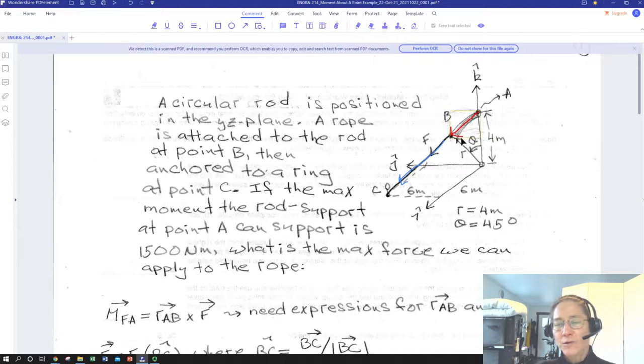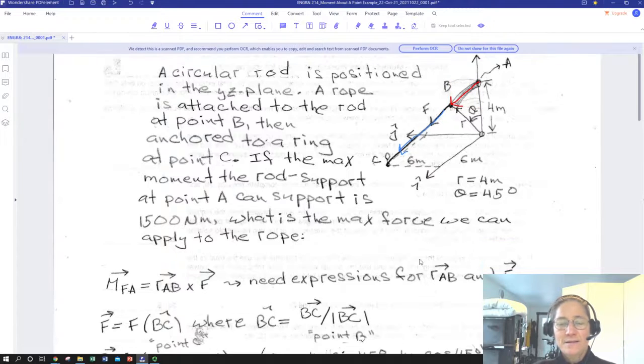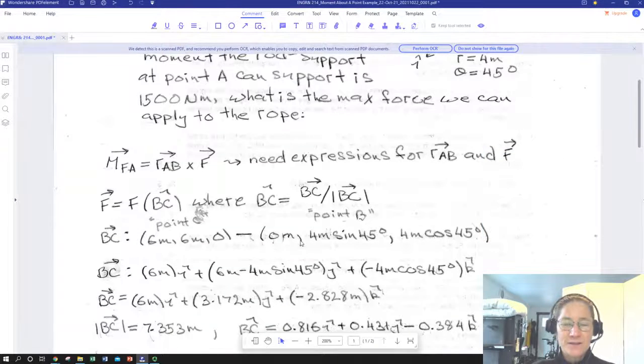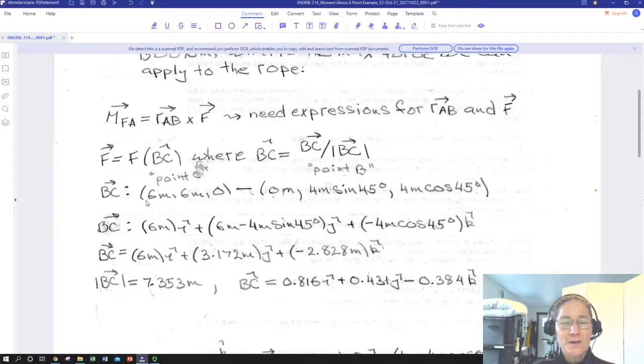And if we go over a quantity of r times sine theta, we'll get our y component, or j hat component. There is no i hat component for the position of point B. It's 0. So here we have point C: 6 meters, 6 meters, 0. And then for point B, we've got 0 meters.